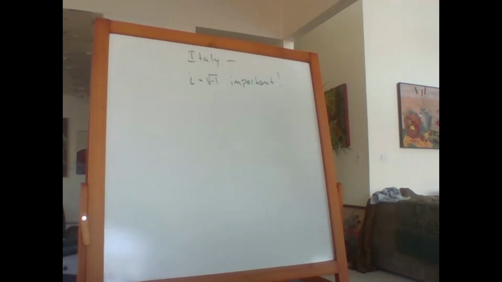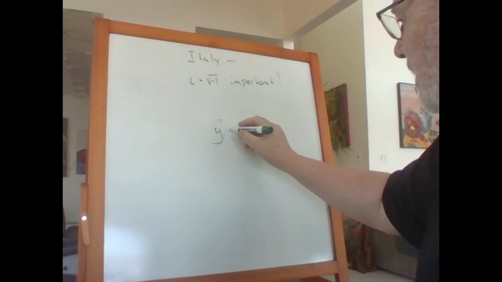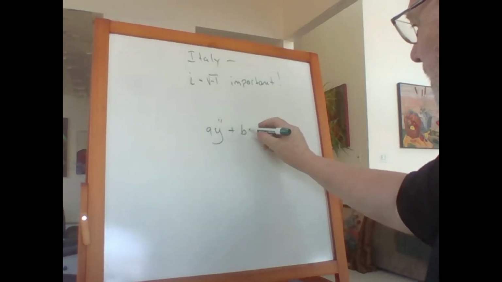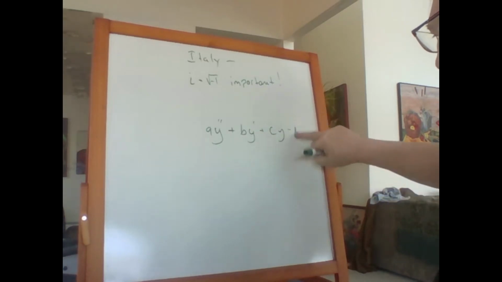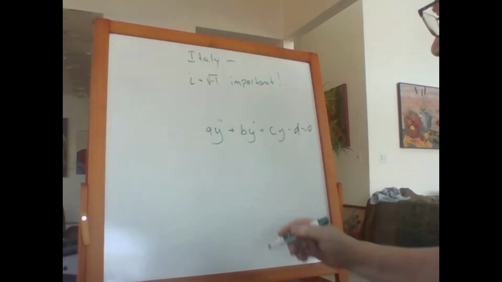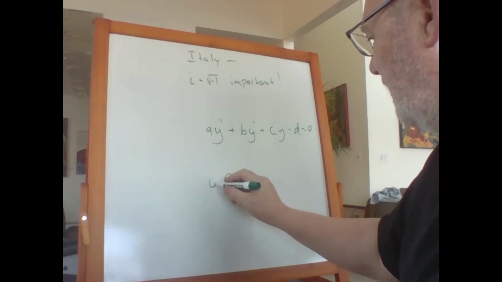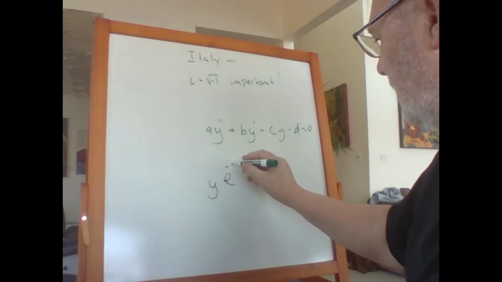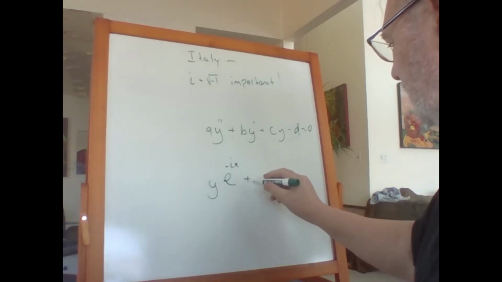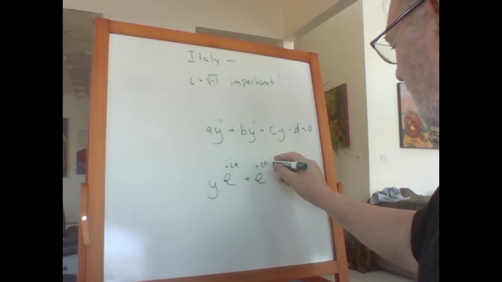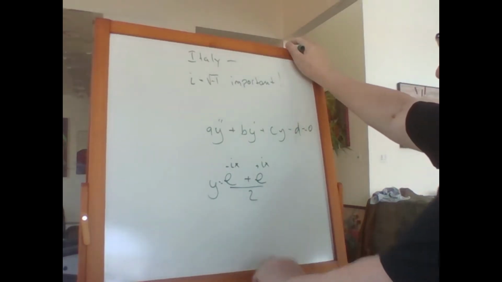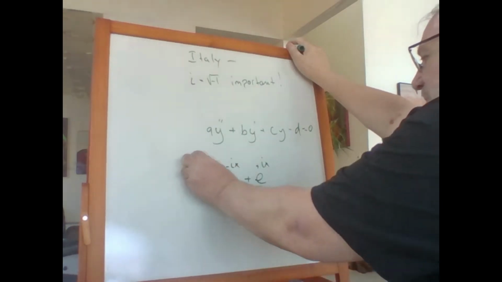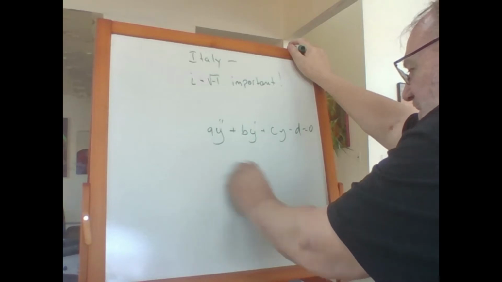In ordinary differential equations, where we have y double prime plus b y prime plus c y equals 0, the solution to that is y equal to e to the plus or minus ix, something to that nature. And when you plug it in, you can solve for the different constants. But without this imaginary number, you wouldn't be able to solve an ordinary differential equation.